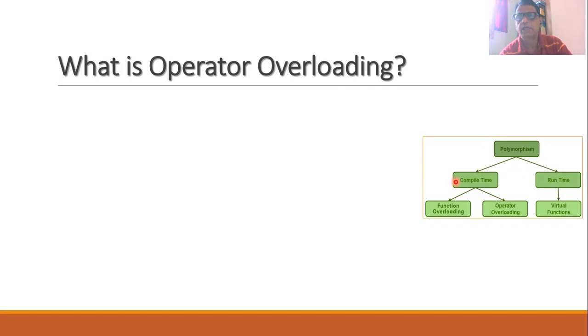The first category is called compile time polymorphism, and the other category is called runtime polymorphism. Compile time polymorphism can be achieved by using either function overloading or operator overloading. Runtime polymorphism can be achieved by making use of virtual functions. Already we have discussed what we mean by function overloading. In this session, we'll be discussing operator overloading.